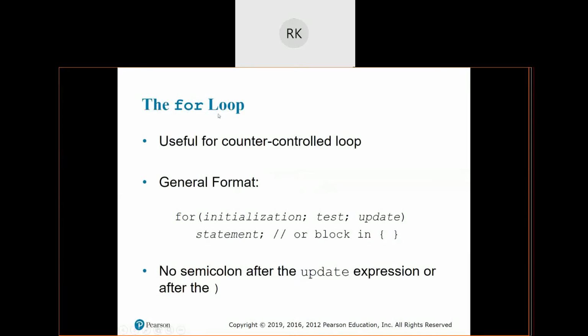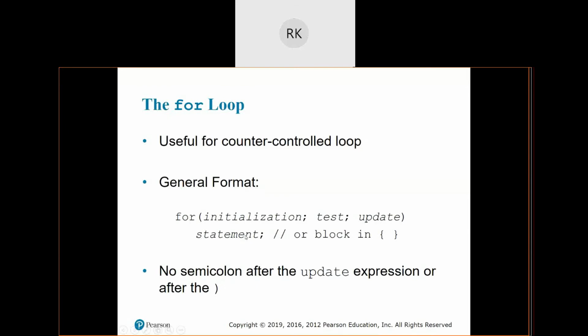Okay, the for loop is also the same type of loop, just the style of writing is different, and it is very useful for a counter control loop, meaning if you already know in advance how many times the loop should run, then you should use a for loop. Its writing style is like this: the word for, then initialization, then testing, meaning the condition, then the update, where increment or decrement comes, and then the body of the loop.